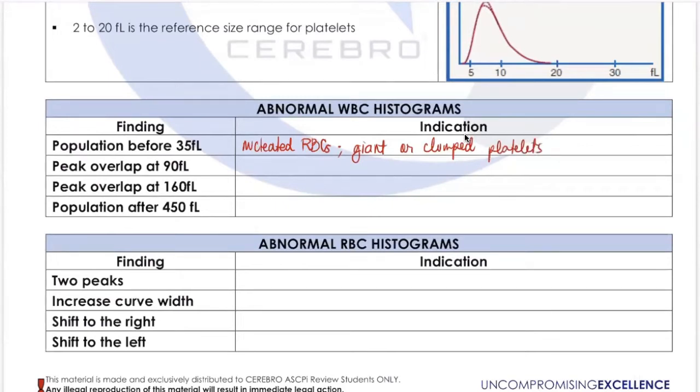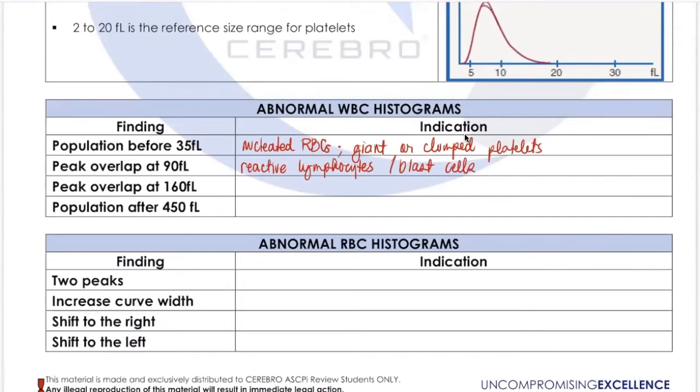Next, if there is a peak overlap at 90 femtoliters, usually this is because of the presence of reactive lymphocytes, or also the presence of blast cells.